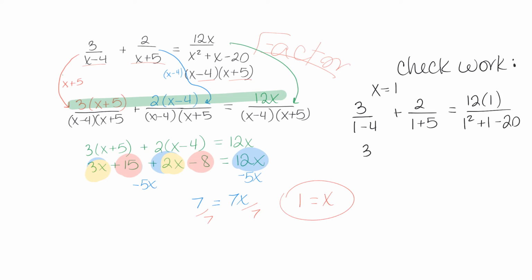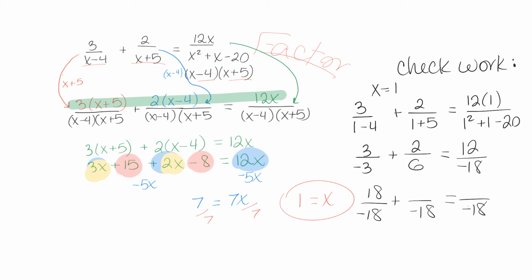So this equals 3 over negative 3 plus 2 over 6 equals 12 over 1 plus 1 is 2. 2 minus 20 is negative 18. Okay, these don't have common denominators, but I can get them real quick. And if I do that, and my common denominator is negative 18, then on this one I multiplied by 6, and 3 times 6 is 18.